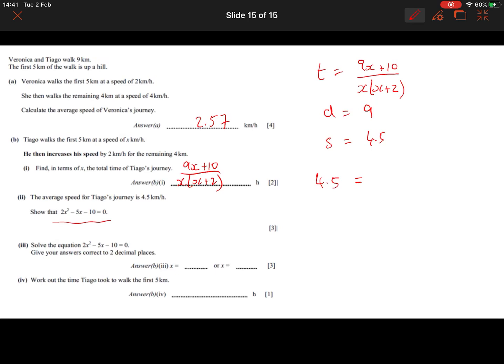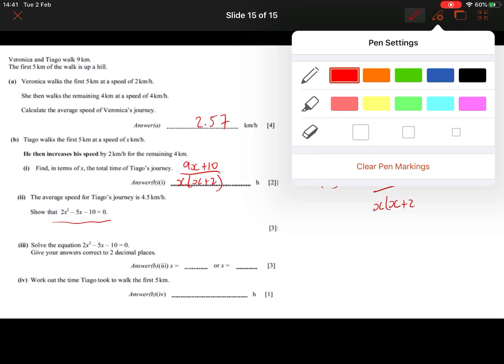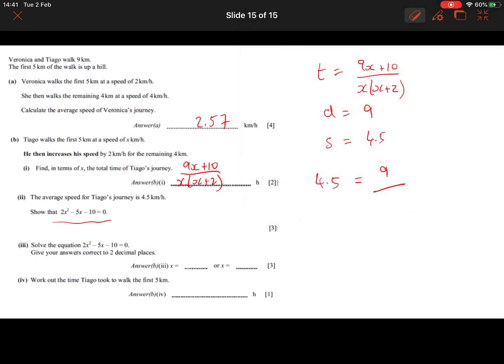So what we should be saying is speed is equal to distance over time. So 4.5 is equal to distance over time. So 9 divided by the time, which is (9x + 10) over x times (x + 2).